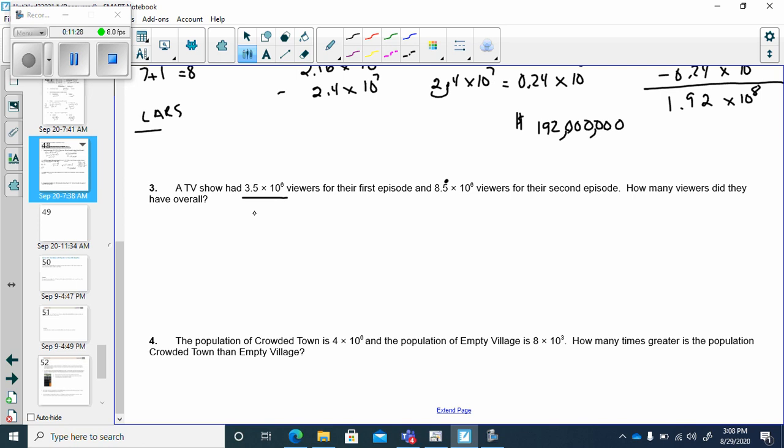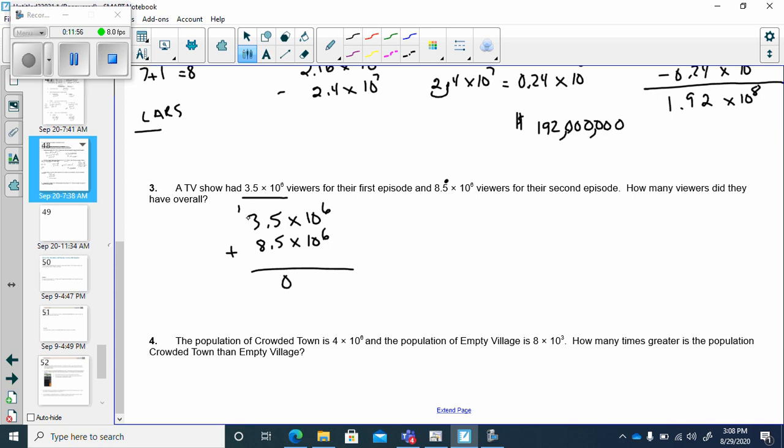Okay, well, if those two are the same exponent, then we don't have to change anything, do we? 3.5 times 10 to the 6th plus 8.5 times 10 to the 6th. Both of those are 6. If the exponents are the same, all I have to do is add these two numbers.